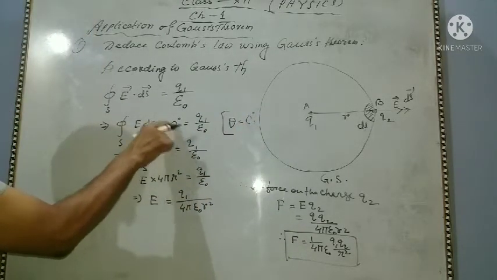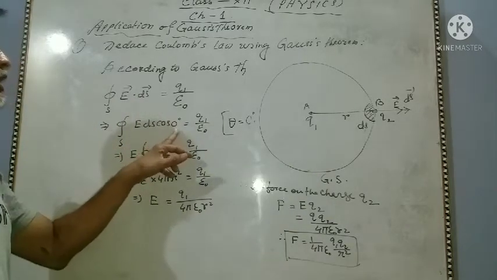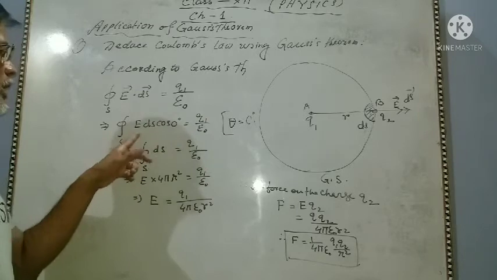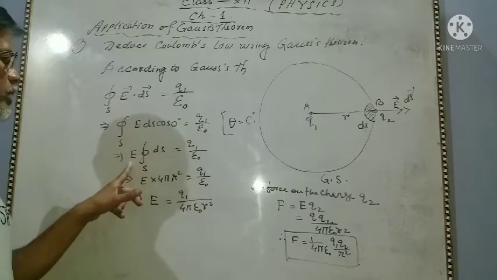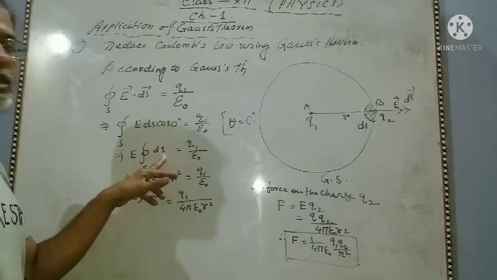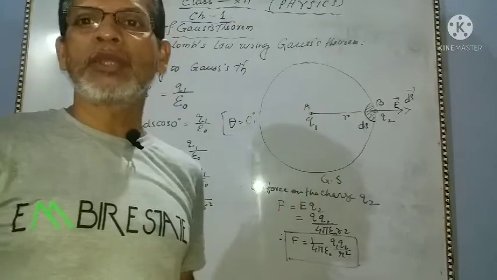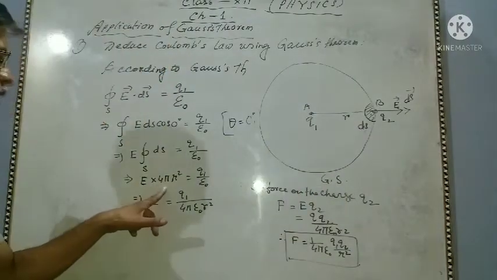A dot B means AB cos theta, so this is E ds cos 0 degree equal to Q1 by epsilon naught. E is constant, so it comes out, and integration over ds is the area of the sphere, which is 4 pi r square.